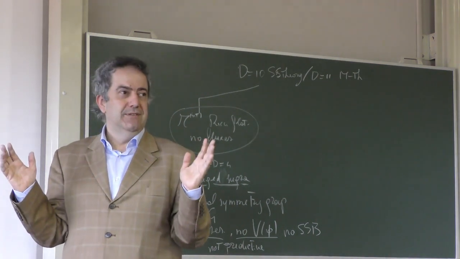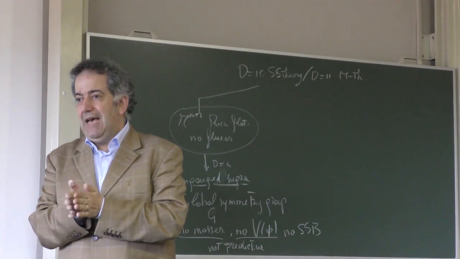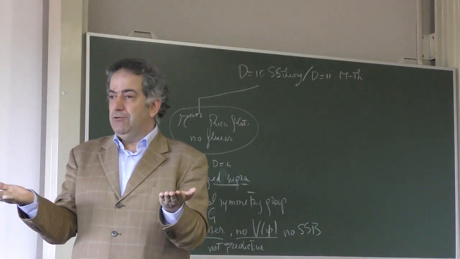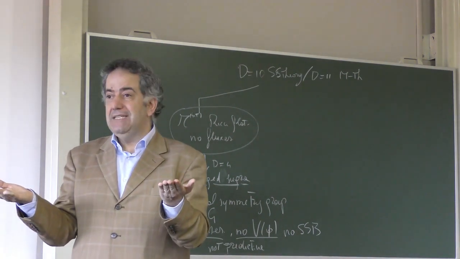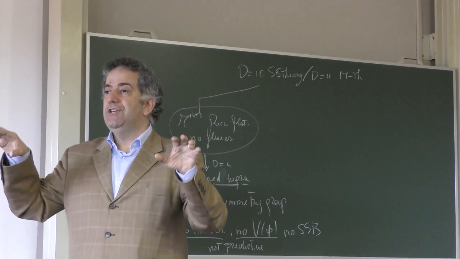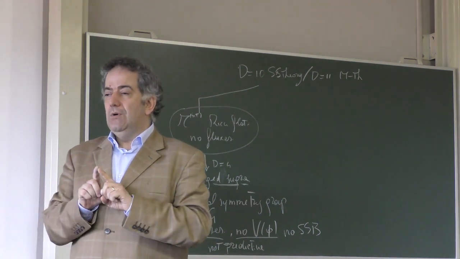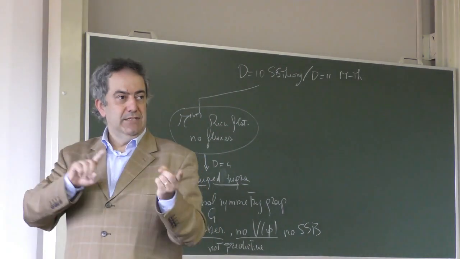So they look different, but in the end they are equivalent descriptions of the same thing. Okay? And so they must have the same spectrum, the same interactions, and the same low energy effective theory, which are supergravities. So dualities are correspondences between these equivalent descriptions.